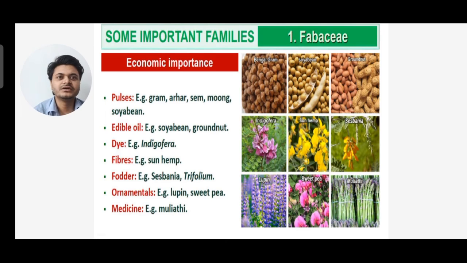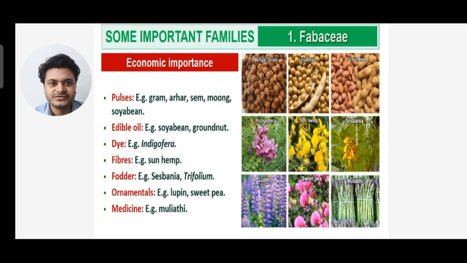Now moving to the economic importance of the family Fabaceae. It gives pulses, edible oil, dye, fibers, fodder, ornamentals and medicine. In pulses, examples are gram, arhar, moong and soybean. Fabaceae are very diversified. Few give edible oil, for example soybean and groundnut, and few form dye, that is Indigofera.